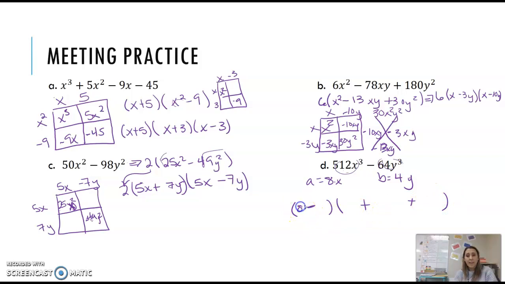So we've got 8x and then 4y, and 8x squared is 8x times 8x, which is going to be 64x squared. Both of these are going to go in the middle, so 8 times 4 is 32, x times y is xy, and then we have to square this one, so we get 16y squared. 4y squared equals that. All right, so those are the final answers.